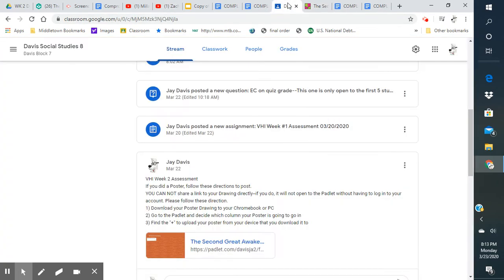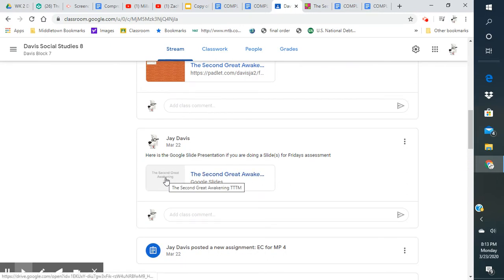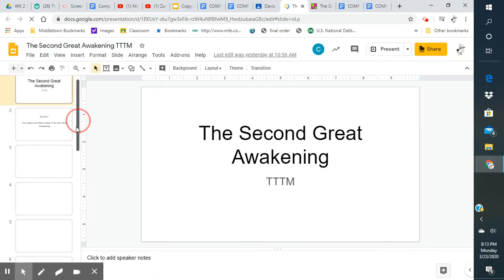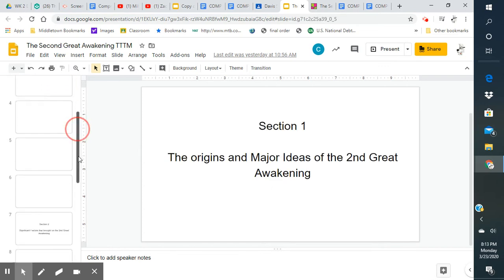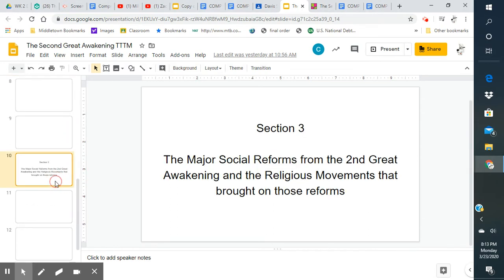If you were doing the Google Slides, I set up this slide deck and I set one up for each class, and I was hoping that you would go in and add your slide to the appropriate section. So this is section 1, section 2, section 3.